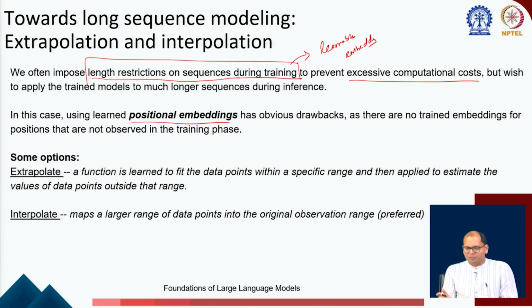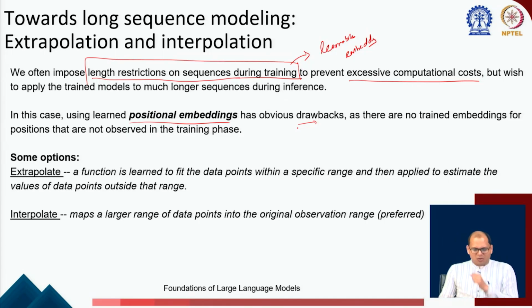So they have obvious drawbacks, because you do not have embeddings for the positions that are beyond the ones that are trained. So that is why either you can use an embedding that is not learned, or we have to find some way in which we can modify or reuse these learned embeddings for longer sequences also.